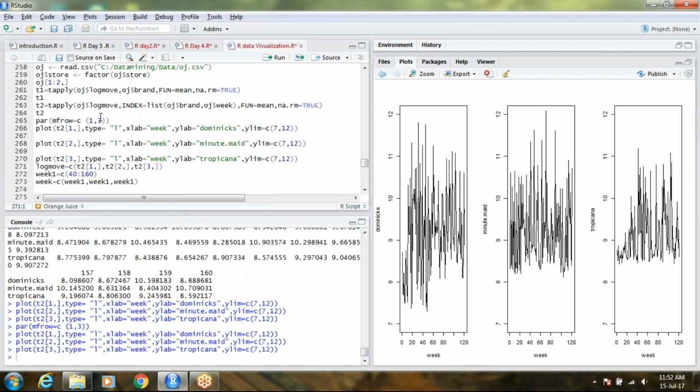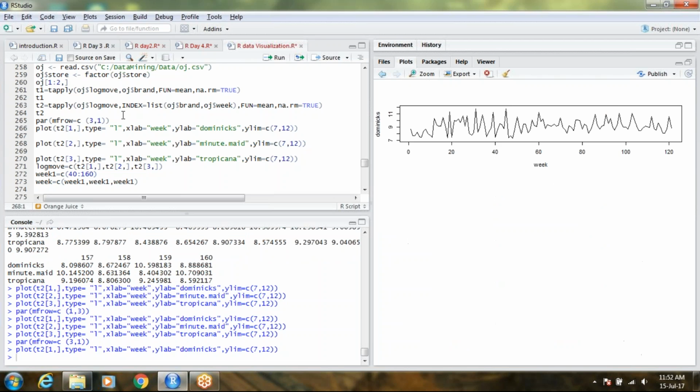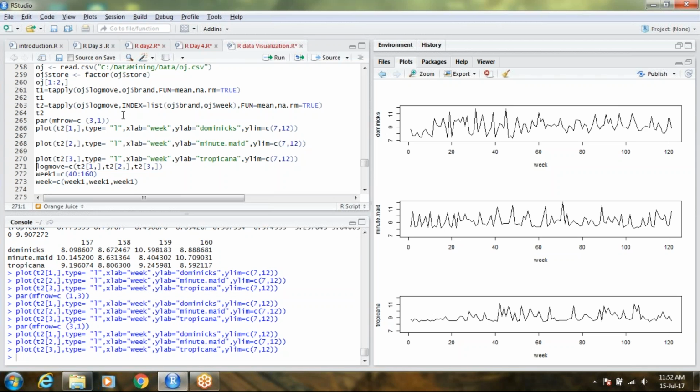Now let's say I don't want it this way. I want it like this: three rows, not three columns. So I have to change it to three rows, meaning three rows and one column. First, second, and then third.